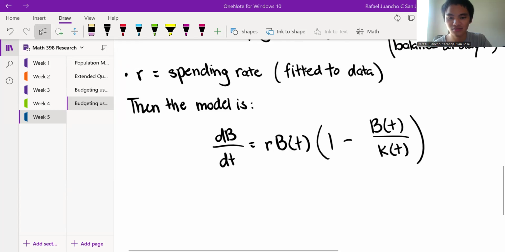Let me double check, because I have code to back this up, which I'm going to show later. Let me see my code. I don't know if my R is supposed to be negative. I feel like it should be, though.